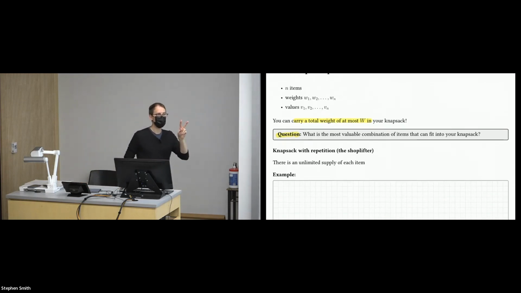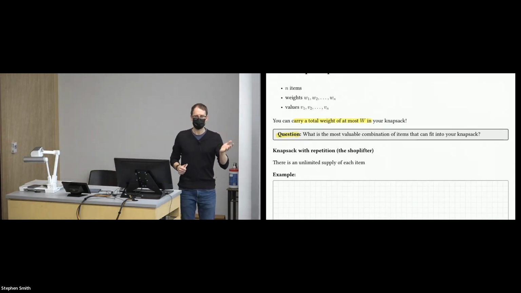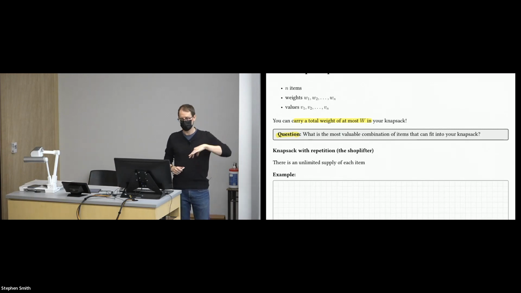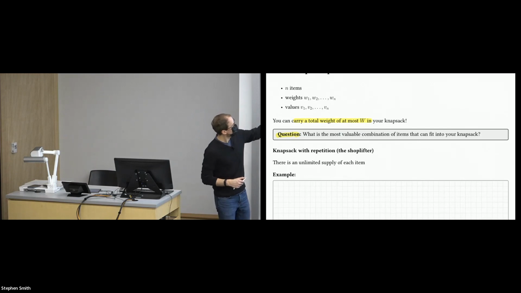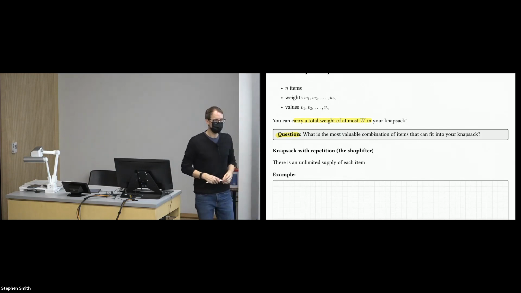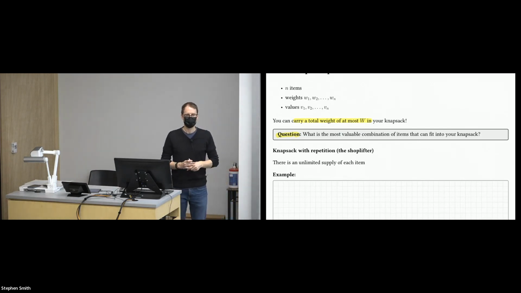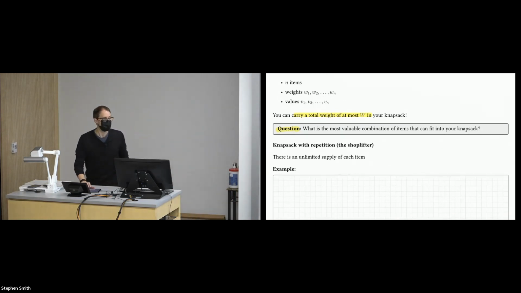And so there's 2 versions of this problem. One's called knapsack with repetition, and then the next one, which we'll talk about, is knapsack without repetition. With repetition, I think of it kind of like the shoplifting problem: you're going into a clothing store, there's big stacks of every item, so you can take many of them if you like. So there's an unlimited supply of each item, but you just have a backpack.